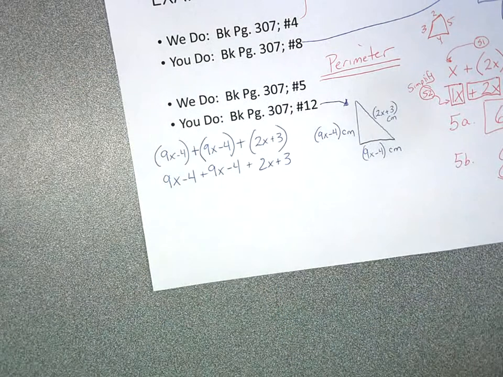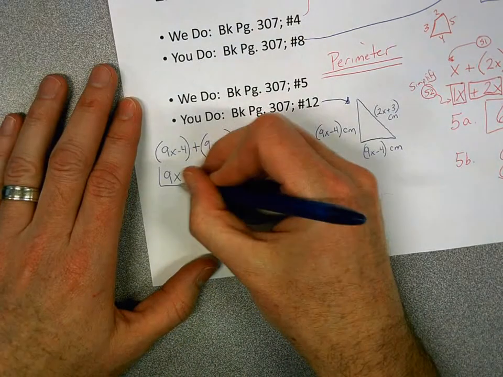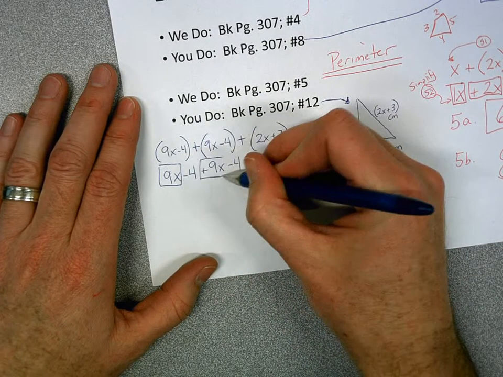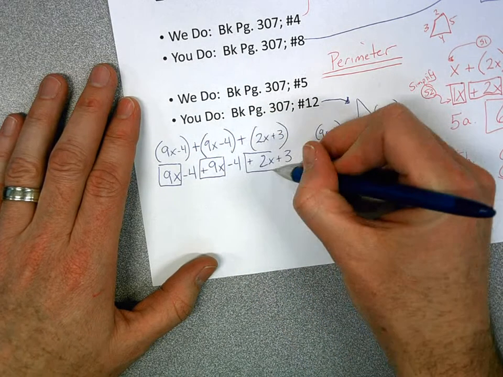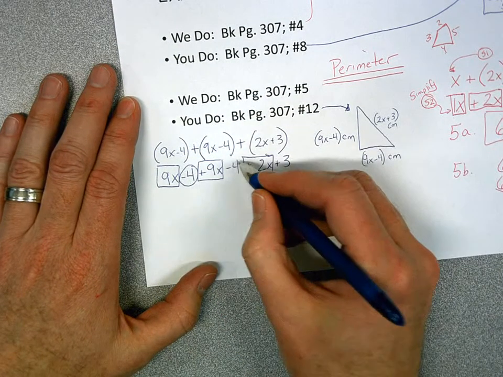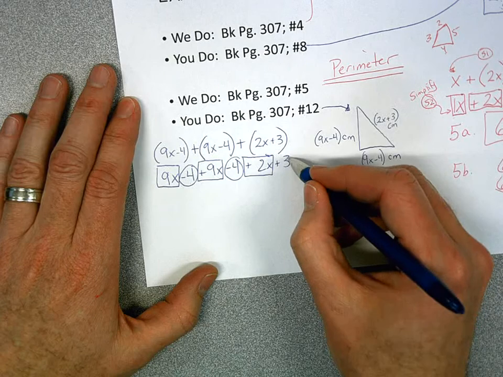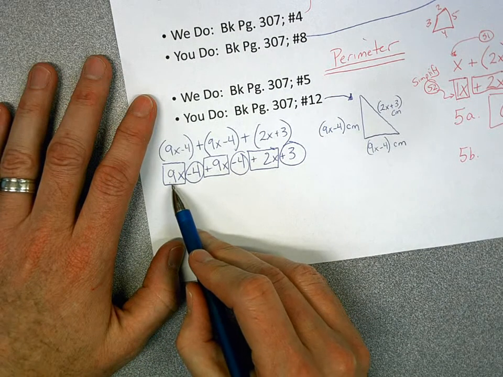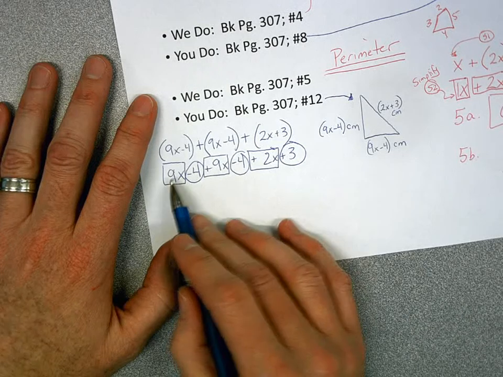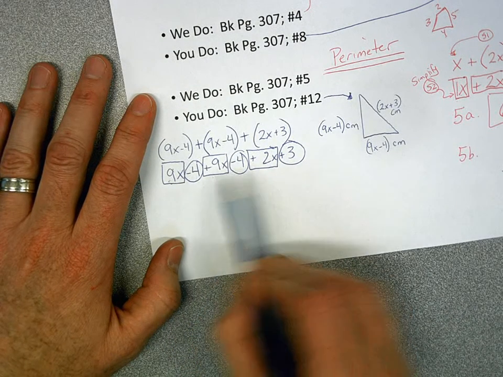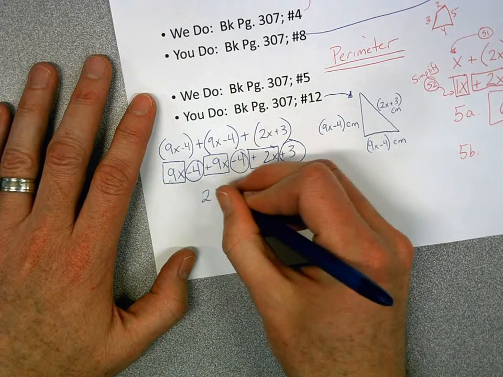Simplifying the expression, I'm going to box in all my x terms. 9x is there, positive 9x here, and a positive 2x here. This right here is a constant. I'm going to go ahead and circle it. That's a constant, and there's a constant. So I simplify this by combining all my like terms. 9x plus 9x is 18x. 18x plus 2x is 20x.